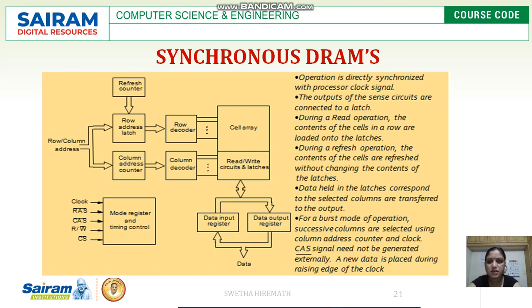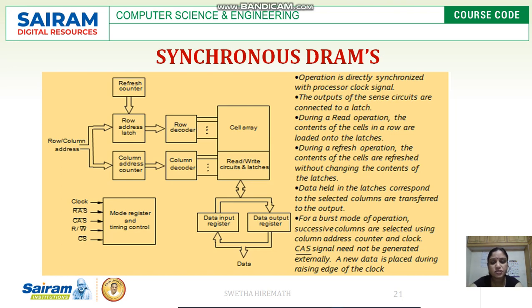So what are synchronous DRAMs and how do they work? DRAMs are dynamic RAMs where the cell consists of one capacitor and one transistor. The bit values are stored in the form of charge, so we check the charge level present in the capacitor.